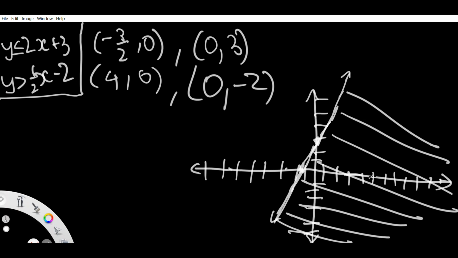And similarly 1, 2, 3, 4, 0, and 0, negative 2. Okay, we need to make sure that this is dashed. It might look a little messy, but you'll see that 0 is greater than negative 2 is not true for this, which means that it goes this way as well.